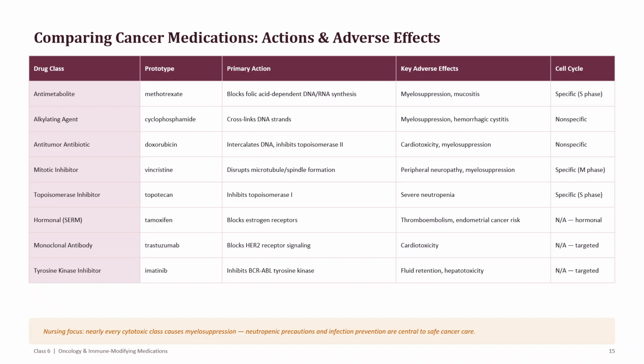If I had to boil the entire oncology section down to a single nursing priority, it's basically this: assume that myelosuppression will occur until proven otherwise. And build infection prevention into your plan of care for almost any patient that's on an active chemotherapy medication.